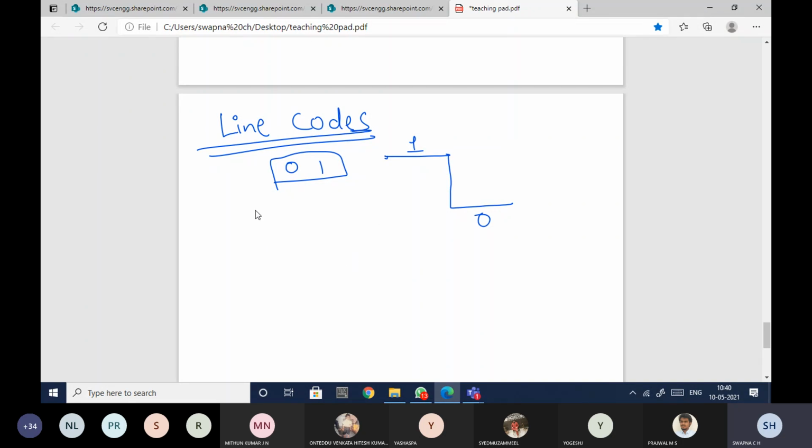So here you have different formats to represent this data. These 0s and 1s can be represented in different ways, and for that you have different formats, which we'll see now.